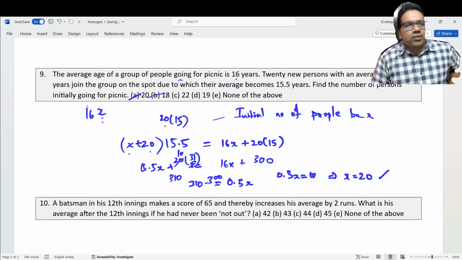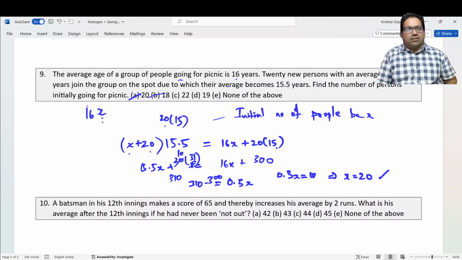Right? x plus 20 into 15.5 is equal to 16x plus 20 into 15. 16x is the total age of these x people, the first set of people going for the picnic, and the second set is 20 people of 15 years age, 16x plus 300. This is the total age. This total age is 15.5 into x plus 20, right?